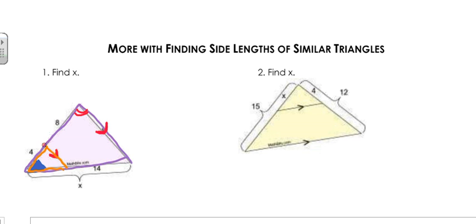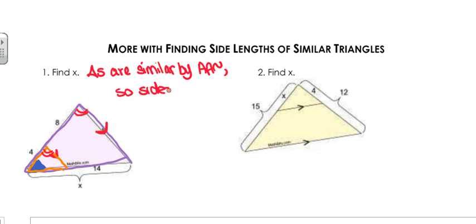We've got the red angles that are corresponding angles that are going to be congruent in both the purple and the orange triangle, and that's what makes the triangles similar. So these triangles are similar by angle-angle similarity, and that tells us then that the sides are proportional.